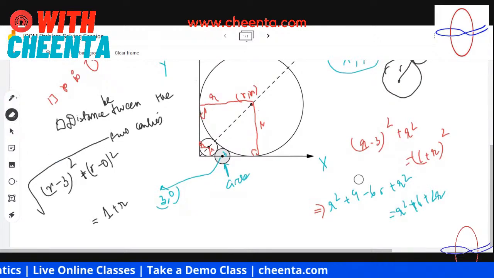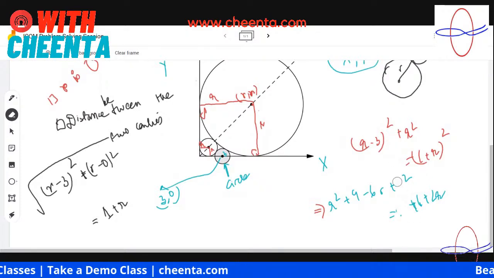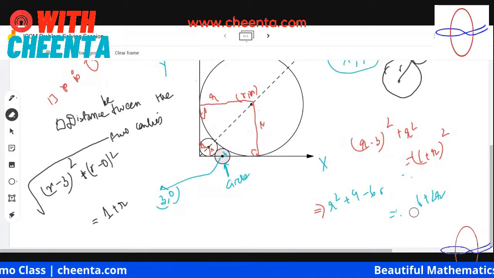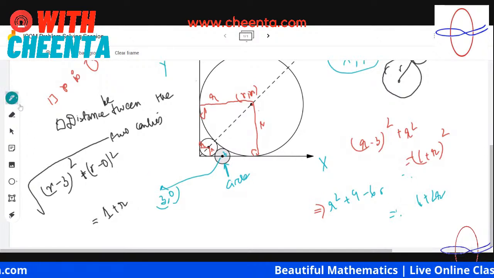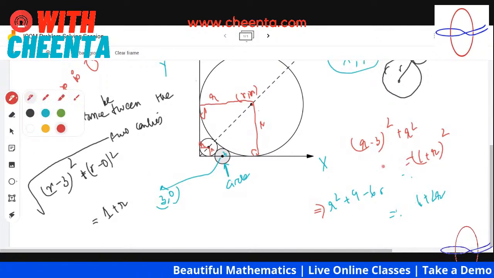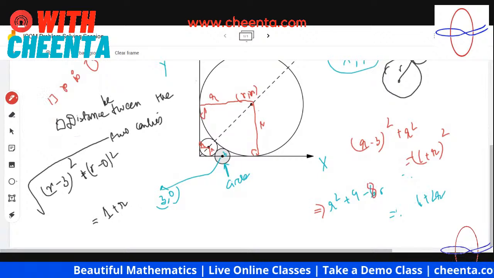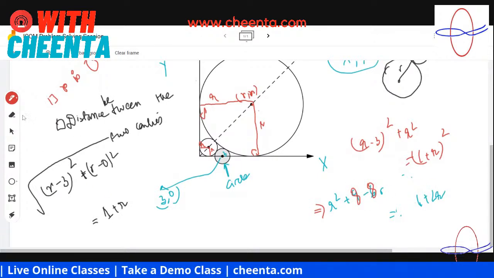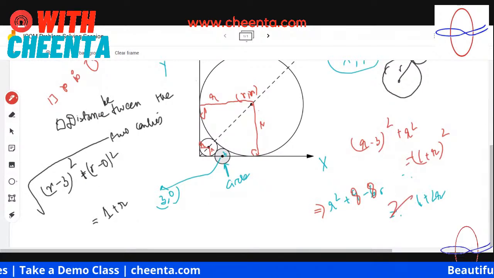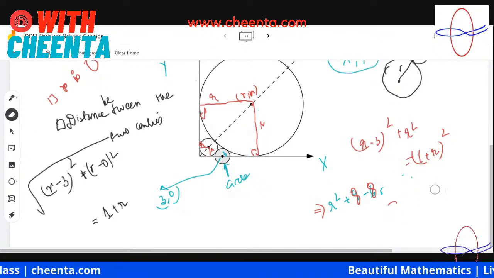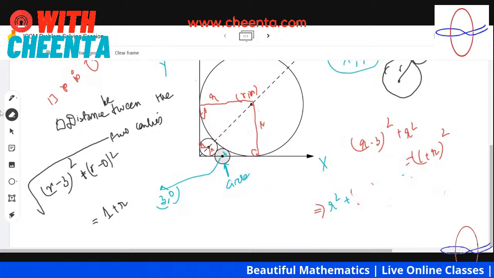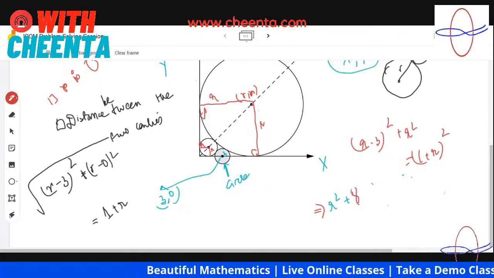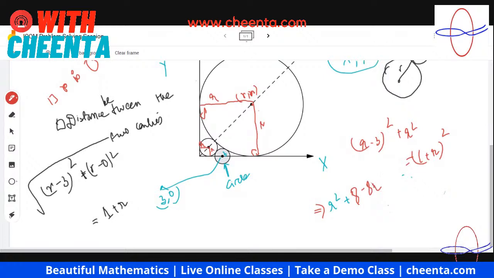The r square terms cancel out, and we have minus 8r plus 8, so 8 minus 8r is equal to 0.